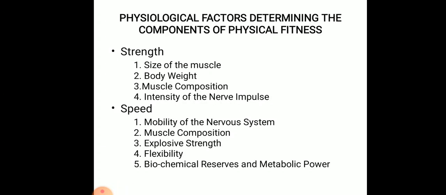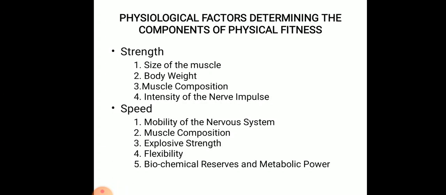And then the muscle composition. Each muscle consists of basically two types of muscle fiber. One is fast twitch fiber, that is called white fiber, and slow twitch fiber, that is called red fiber. The fast twitch fibers are capable of contracting faster, and therefore they can produce more force. On the contrary, the slow twitch fibers are not capable of contracting faster, although they are capable of contracting for a longer duration.